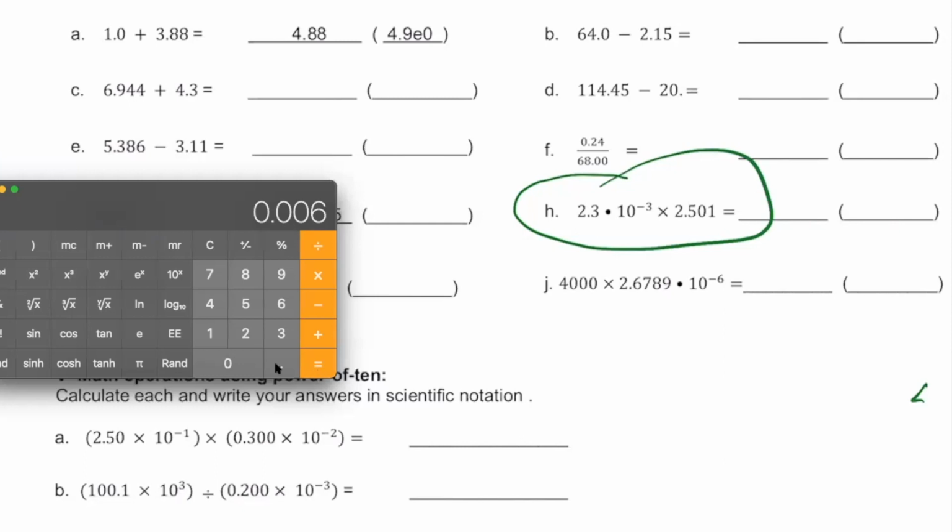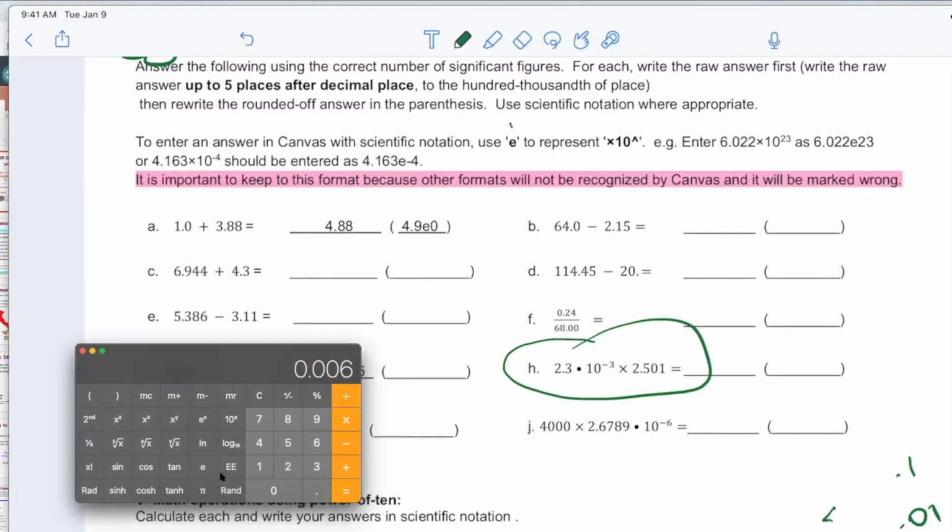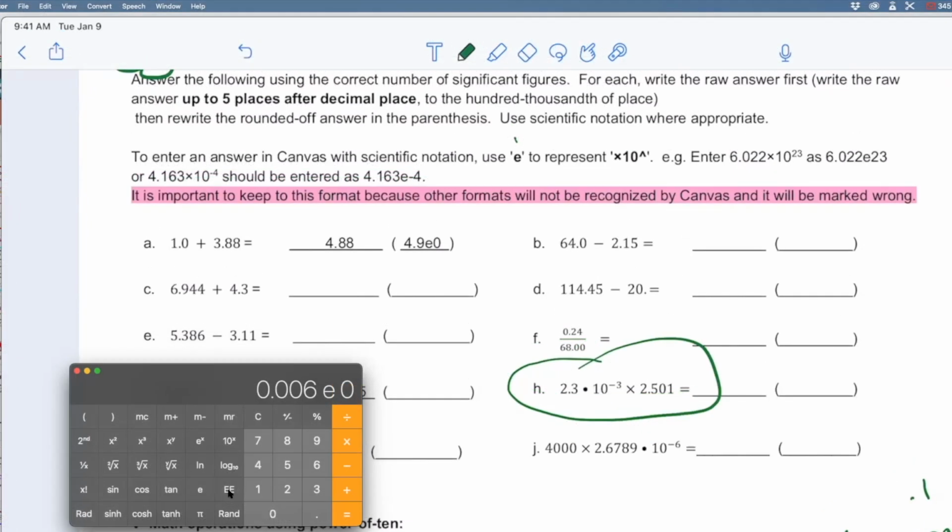And you can see right away that that number's rounded off, unfortunately. It's 0.005753. Okay, yeah, that's good. I should be able to change this so that I have more.